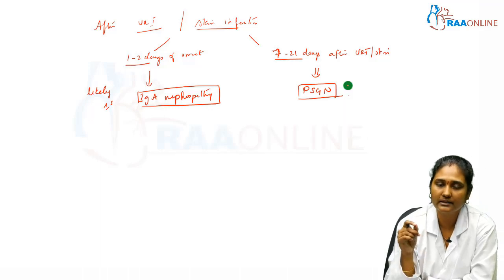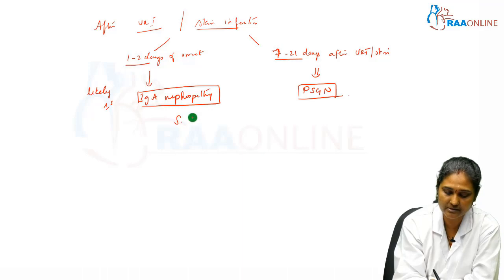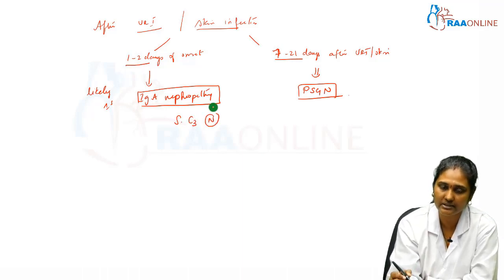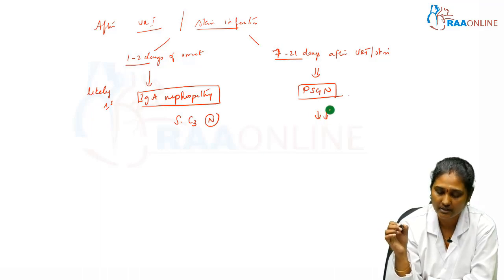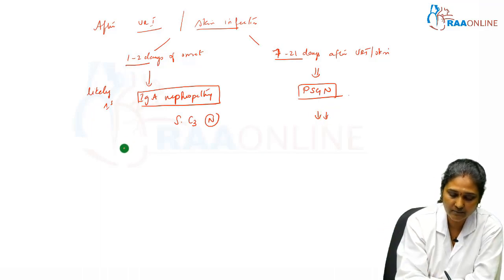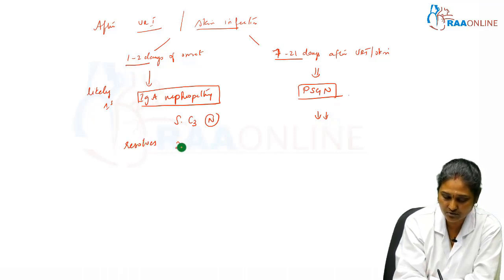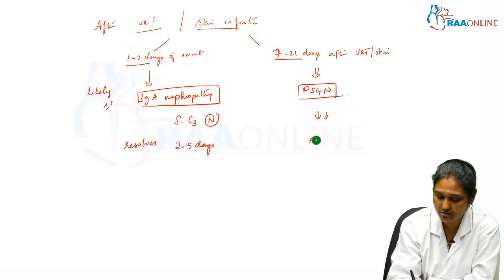The most clinching laboratory investigation is the serum complement C3 level. C3 levels will be normal in IgA nephropathy, and markedly reduced in PSGN. As for resolution, IgA nephropathy usually resolves in 2 to 5 days, while PSGN takes longer and generally resolves in 4 to 6 weeks.